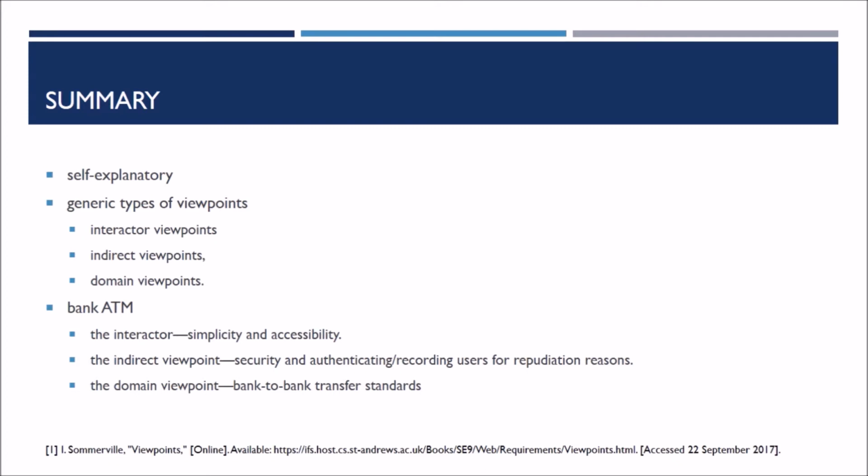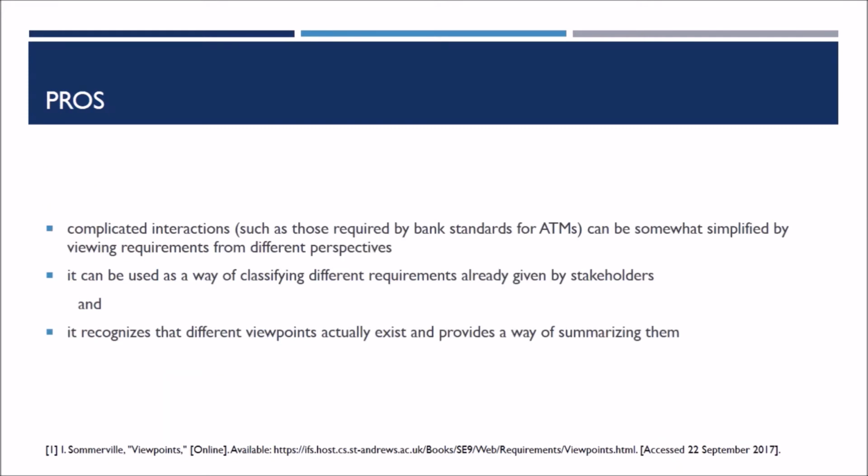Now the pros of using the viewpoints method. Complicated interactions, such as those required by bank standards, which we mentioned for the ATMs, can be somewhat simplified by looking at how the requirements change when moving to a different perspective.